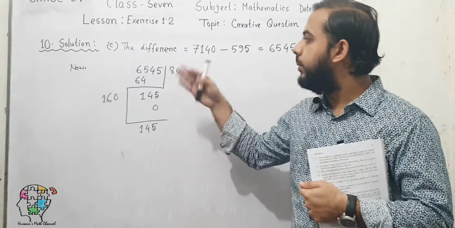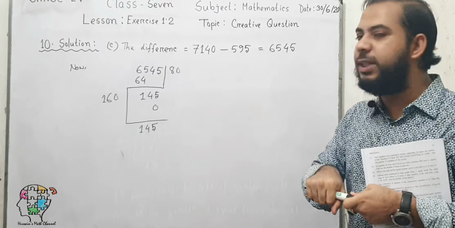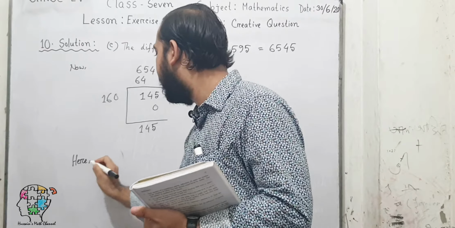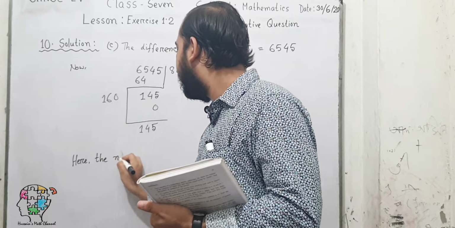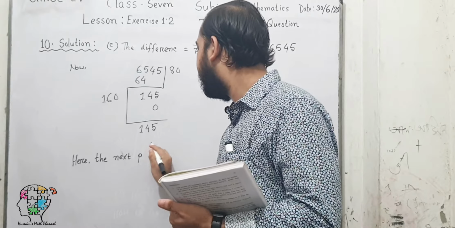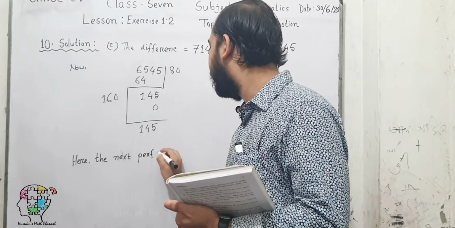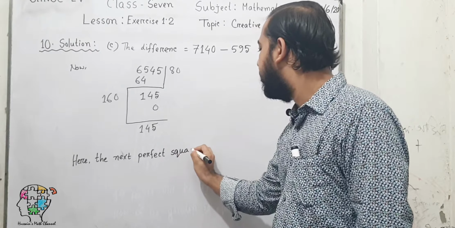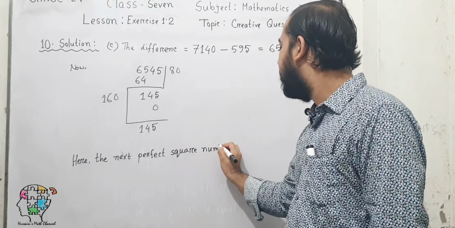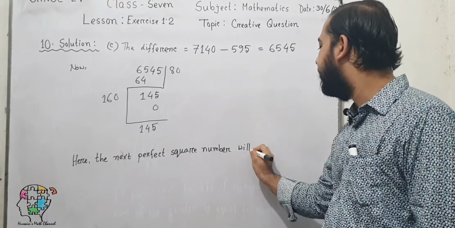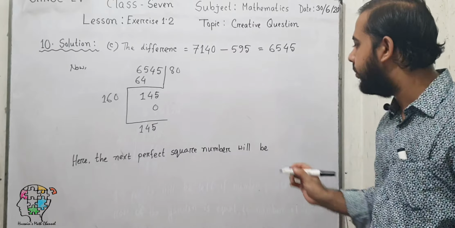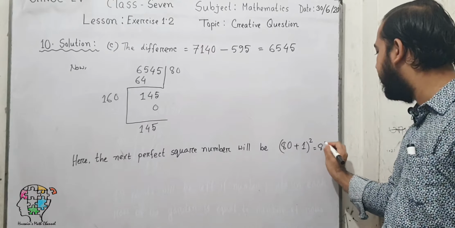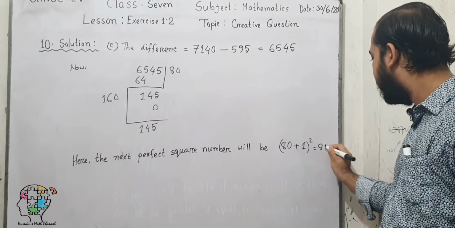So we have to find the nearest perfect square of this number. Now here the next perfect square number will be 80 plus 1 whole square, that is 81 square.